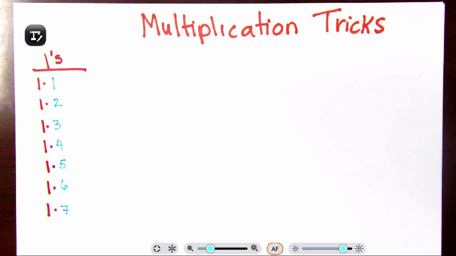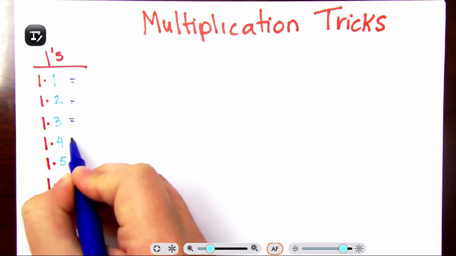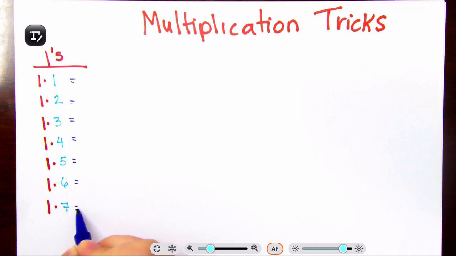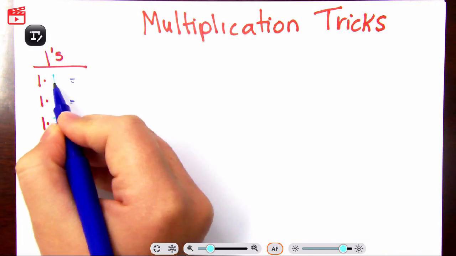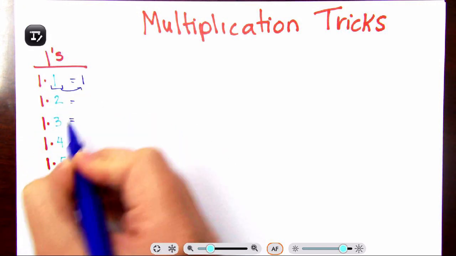So notice that the number that we are multiplying 1 by, if we are multiplying 1 times something, this number is the answer.